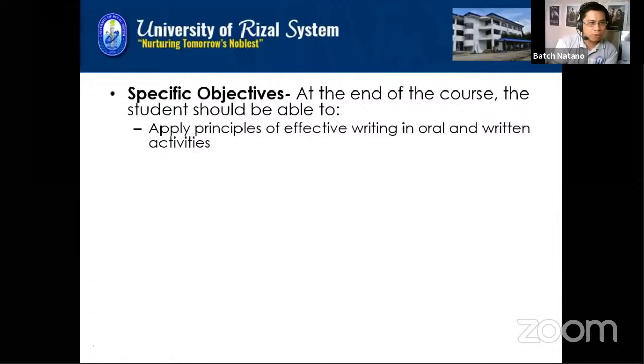So at the end of the semester, it's expected from you that you will be able to apply the principles of effective writing in oral and written activities.